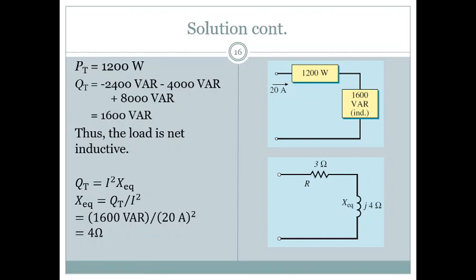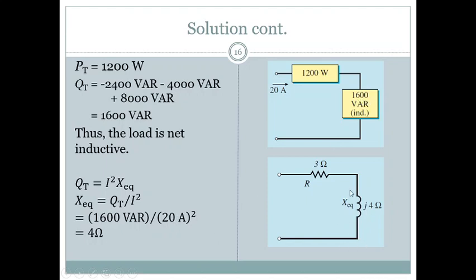Okay, now the resistance doesn't change, but we can calculate the value of the inductor of this equivalent circuit, using this relationship: Q is equal to I squared X. So X is equal to Q over I squared, which is 1600 divided by 20 squared.